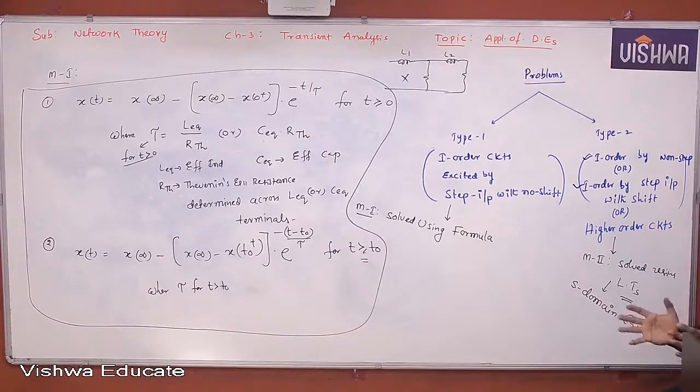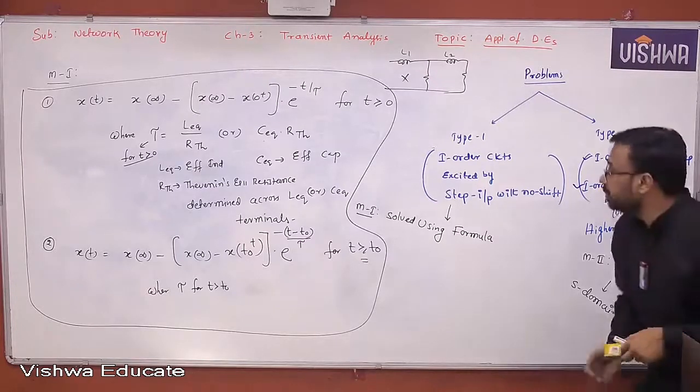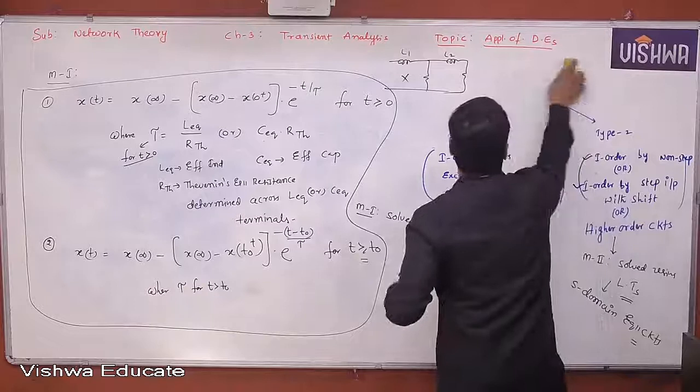If you do not have that facility in the given network, and the elements are arranged with L1 somewhere and L2 somewhere else, and you're not able to calculate L equivalent, this method is not applicable. Those problems can also be determined using type 2, that is solved by application of Laplace transformations or S-domain equivalent circuits. I hope you finish this.